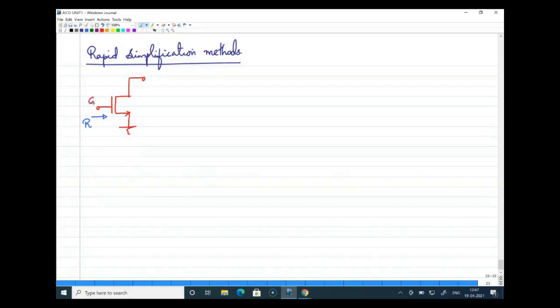Just to identify, this is gate, this is drain, and this is source. Very good. It is infinity. The resistance seen at the gate of any MOSFET is infinity. The reason is there is no gate current. Since impedance is measured as voltage by current, and the current is zero, the resistance is infinity. That is my first case.